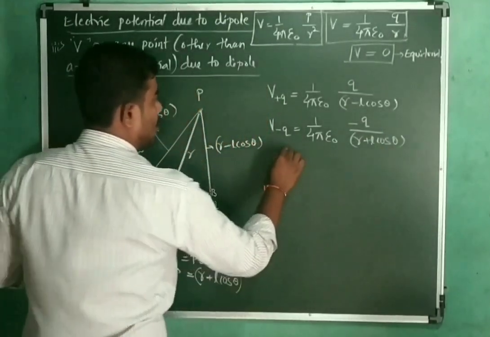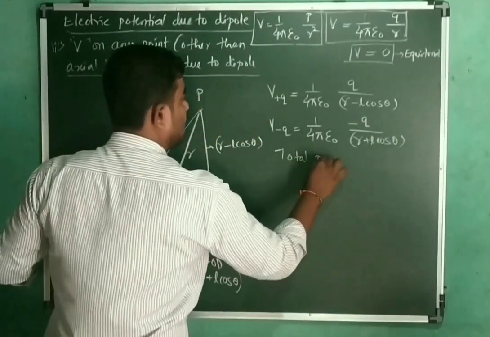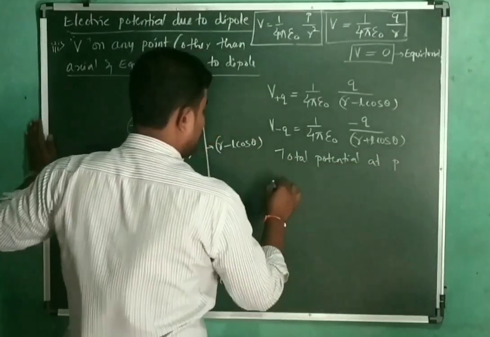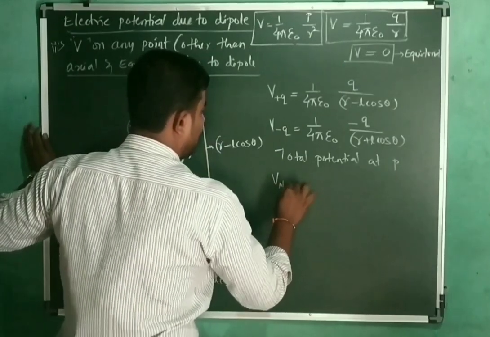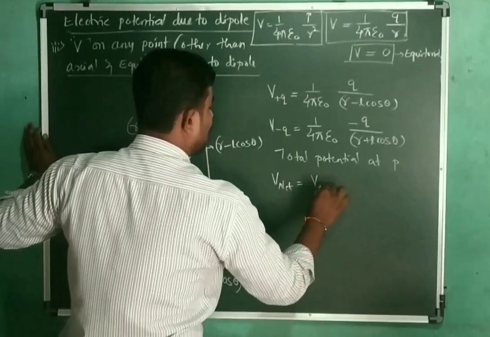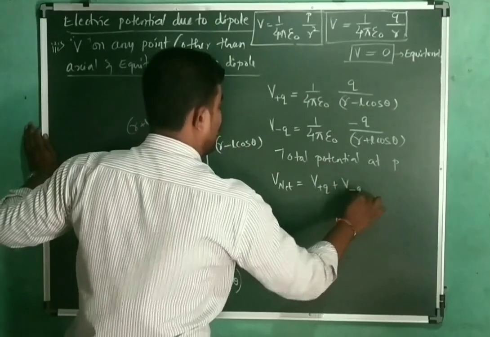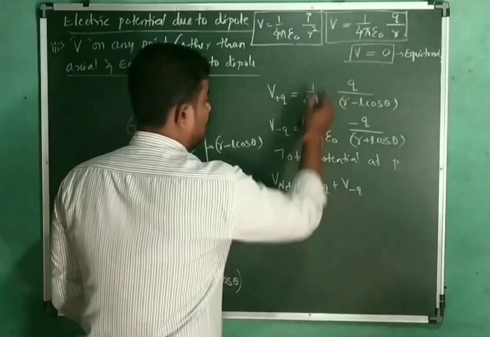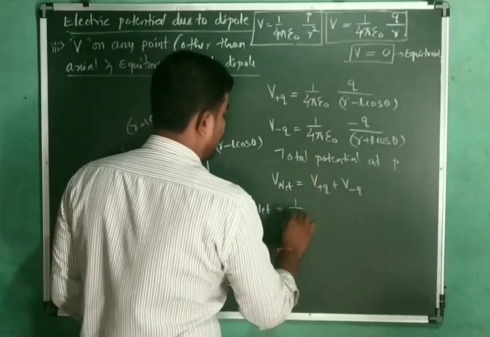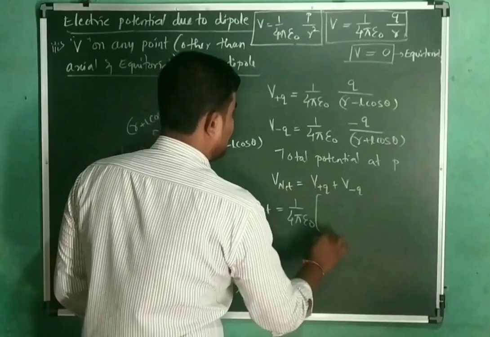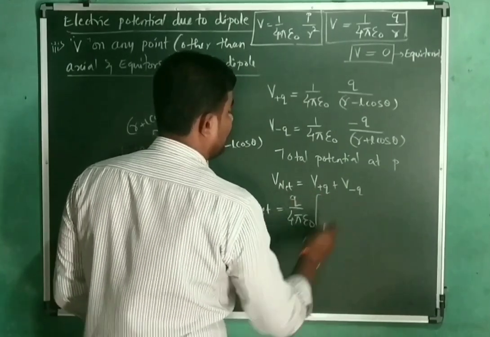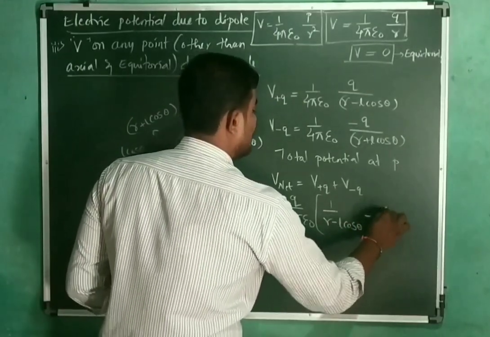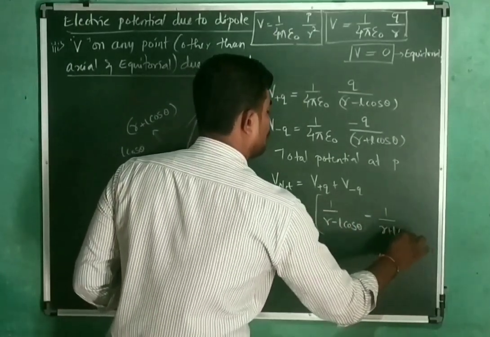Therefore, the total potential at P, V net, is equal to V due to plus Q plus V due to minus Q. In both of these, 1 divided by 4 pi epsilon naught is common, and inside the bracket Q is also common. What remains is 1 divided by R minus L cos theta minus 1 divided by R plus L cos theta.